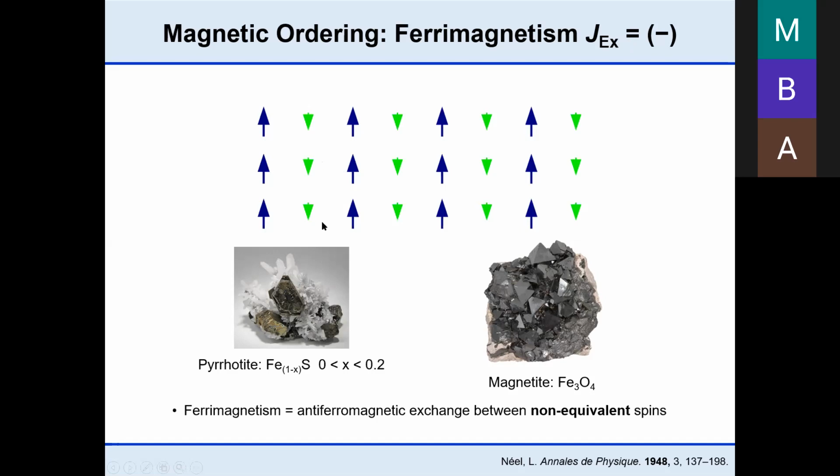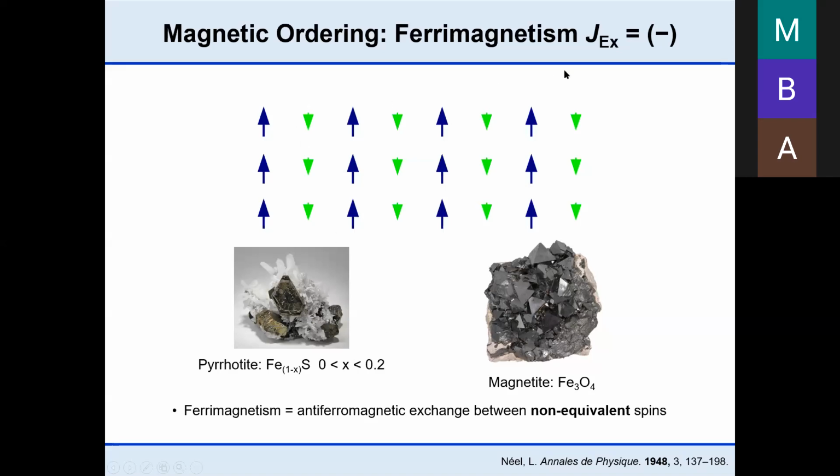This is also quite common in materials where we have multiple metals in multiple oxidation states. So magnetite, where we have iron 3 and iron 2, and, I cannot pronounce this word, pyrrhotite, I think that's how it's pronounced, where we also have iron 2 and iron 3 in some fraction.